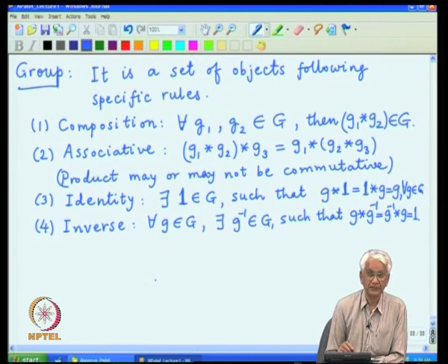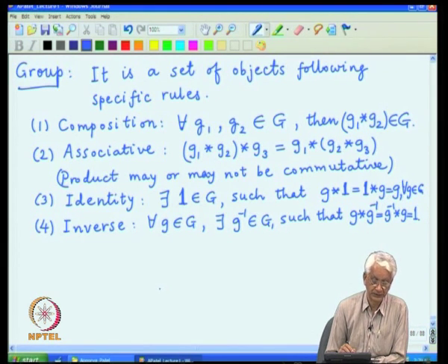So, let us now look at in which context this theory of groups is used in physical situations.